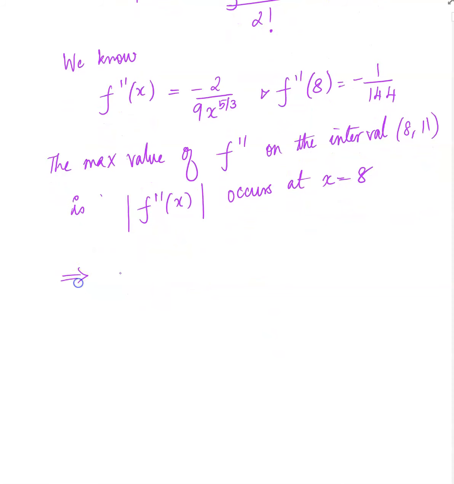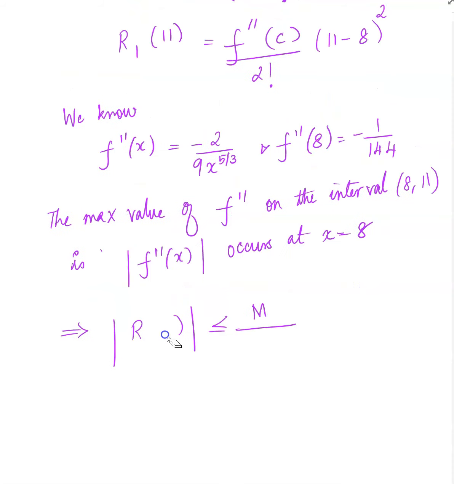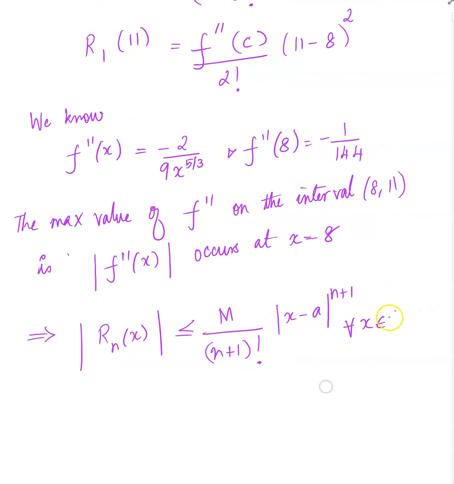And this means we could use the absolute value of R1 of 11. This is coming from the theorem, is less than or equal to M over n plus 1 factorial, times the absolute value of x minus a to the power n plus 1, for all x belonging to this interval 8 to 11.